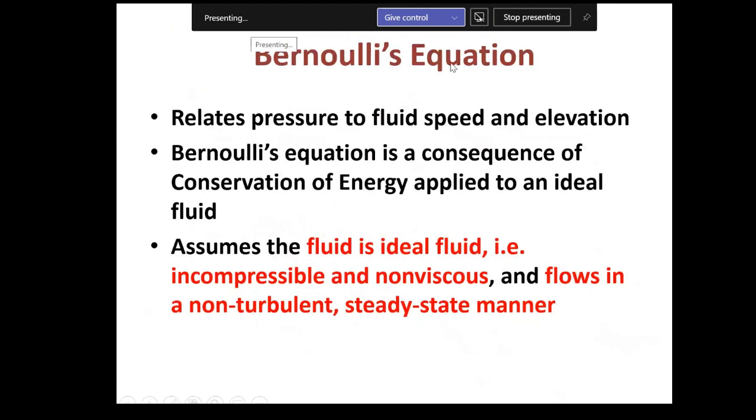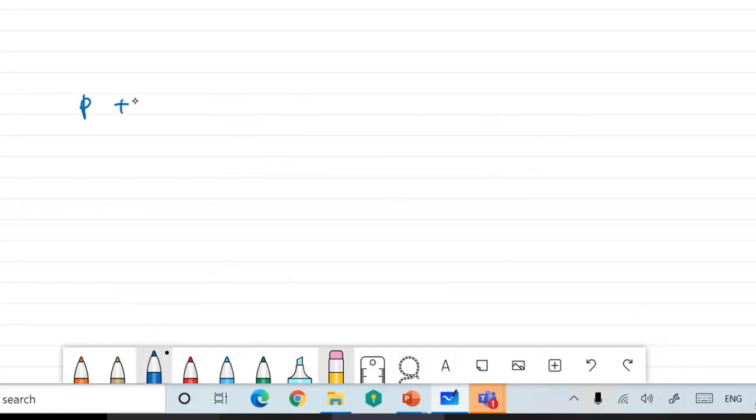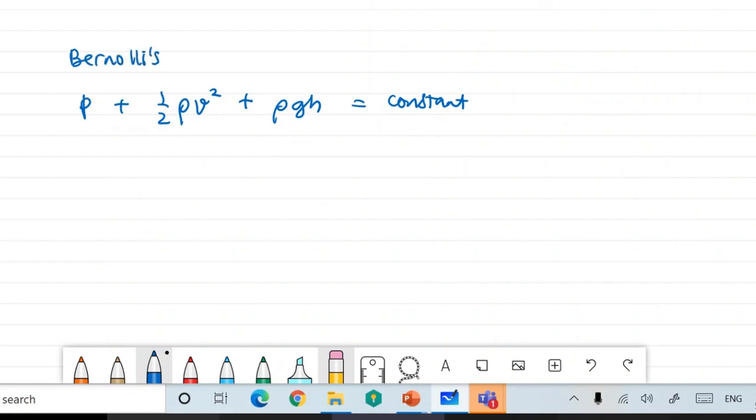Okay, so for the Bernoulli equation, it assumes that the fluid is an ideal fluid, which is incompressible, non-viscous, flowing in a steady state and in laminar, or non-turbulent, flow. P plus half rho V squared plus rho g h is a constant. This is called the Bernoulli equation.